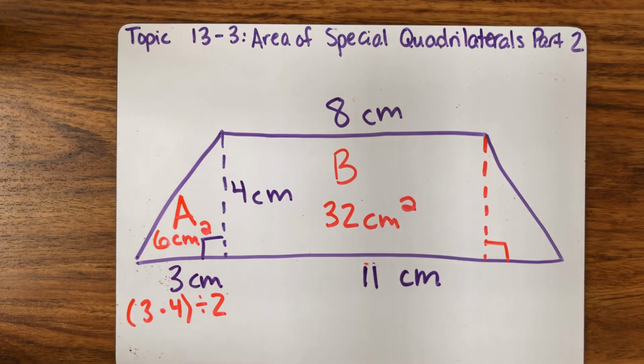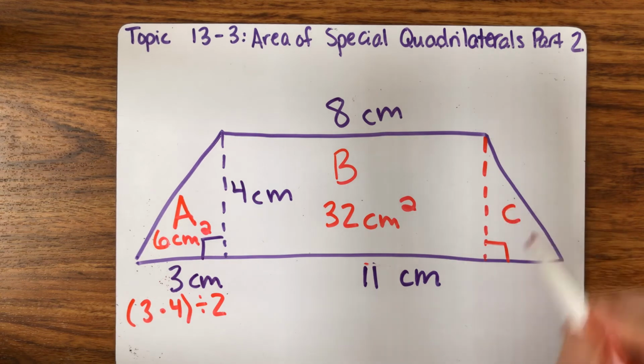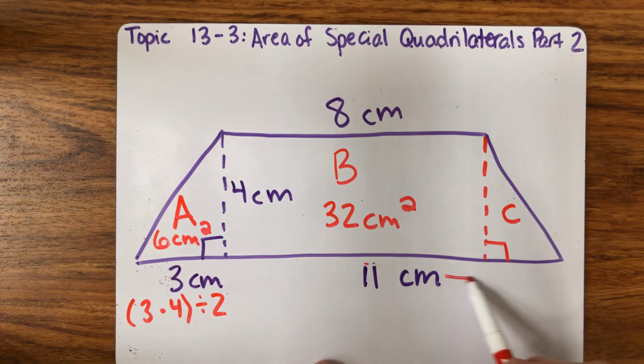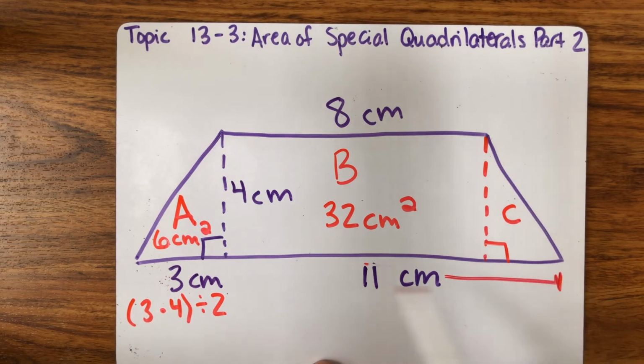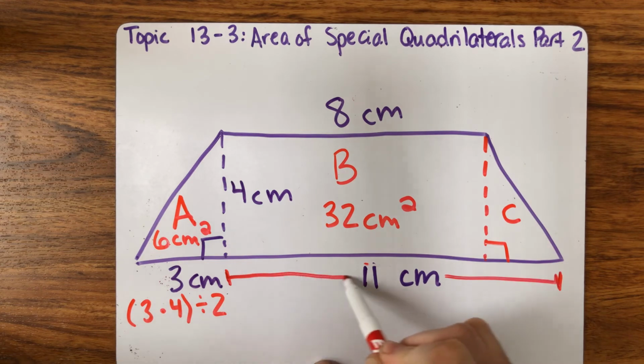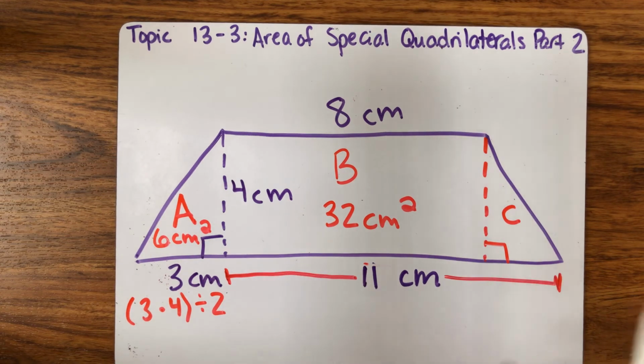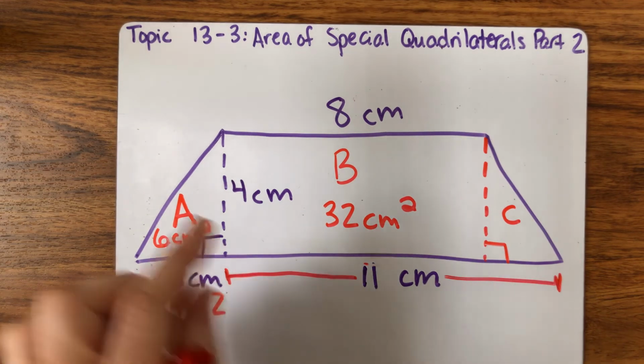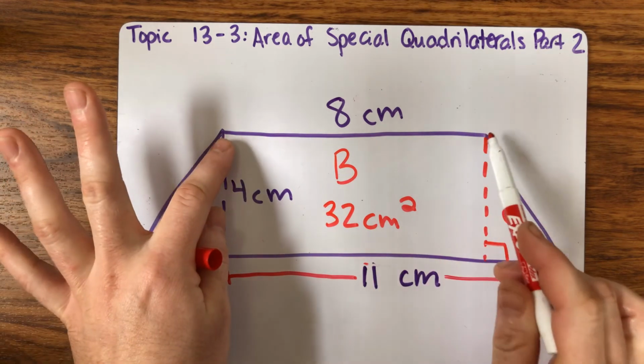And lastly, triangle C. I don't see any dimensions, but I can do some subtraction in order to figure out what some dimensions can be. So what did you get for the area of triangle C? Well, I know that this whole dimension from this part to this part is 11 centimeters. And I also see that just from this part to here is 8.